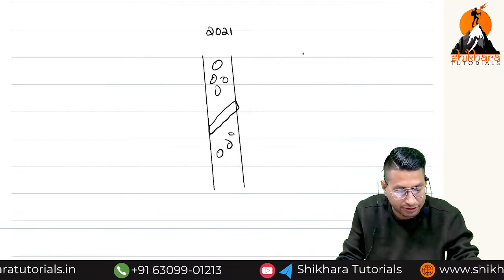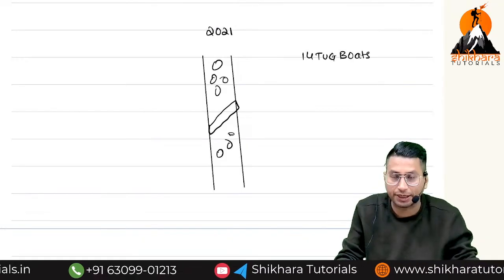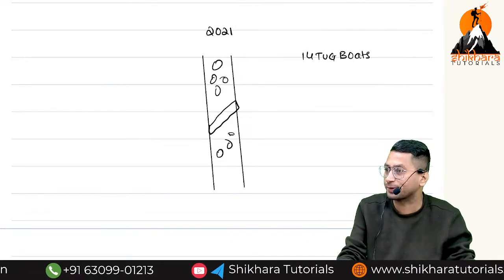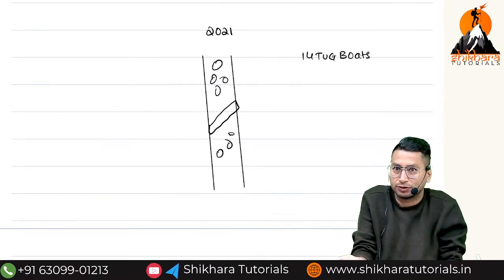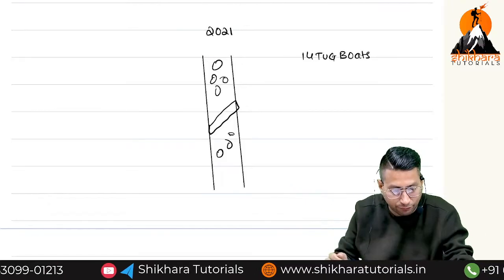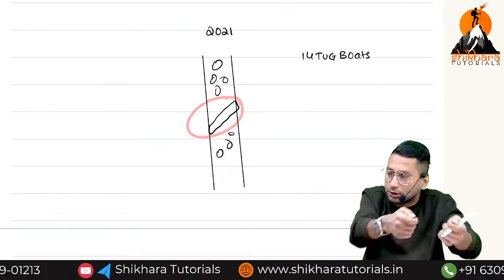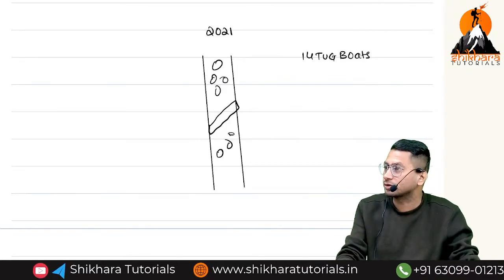Then they got a suggestion that 14 tugboats be used. Tugboats means boats which pull. Like if a car crashes, they will pull the car and go, right. In the same way, tugboats are used for pulling big ships. 14 tugboats were used.